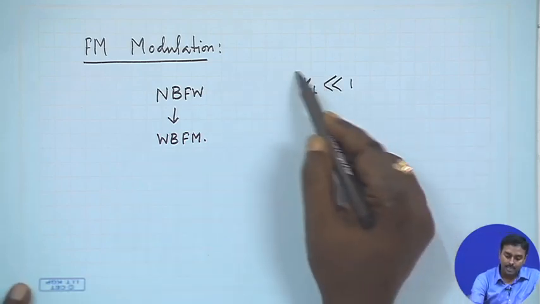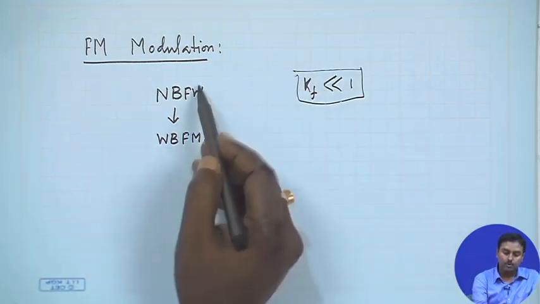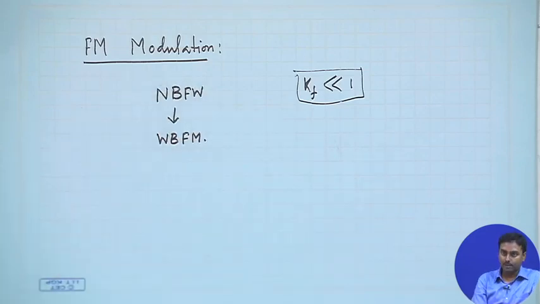Whenever this happens for our FM modulation, the corresponding FM is termed narrowband FM.